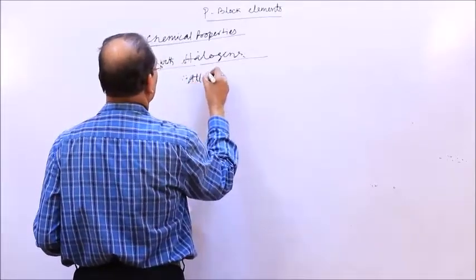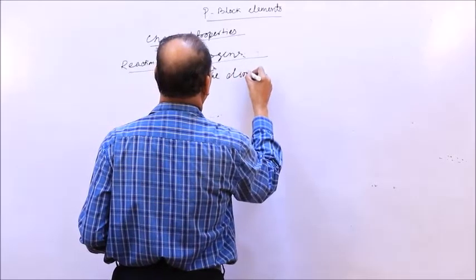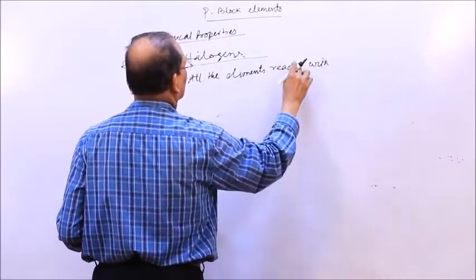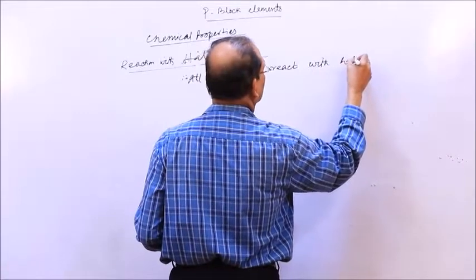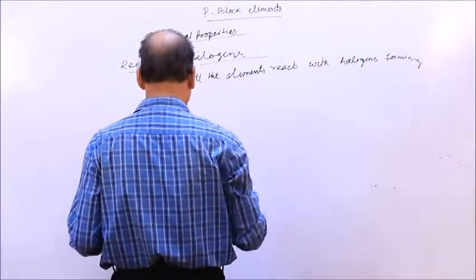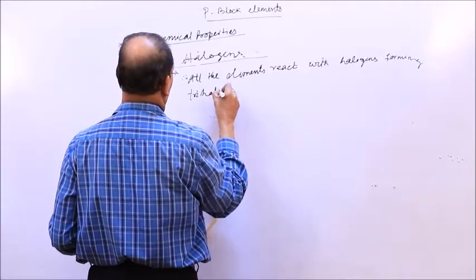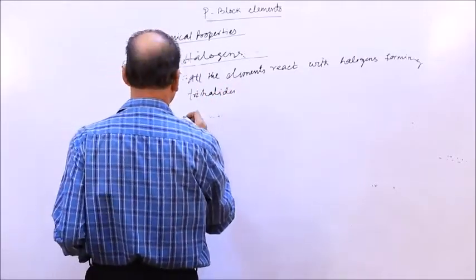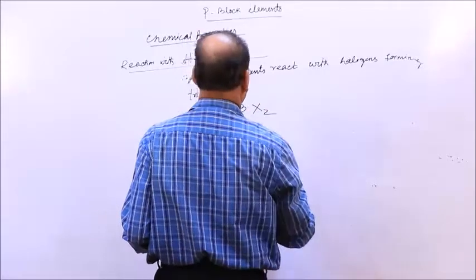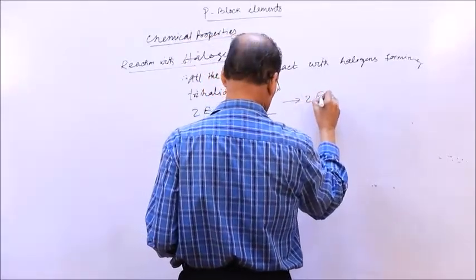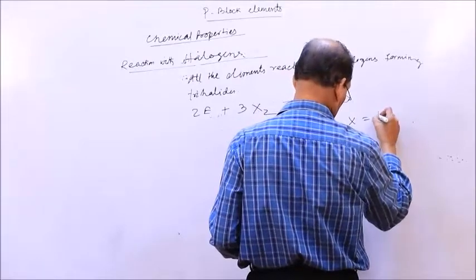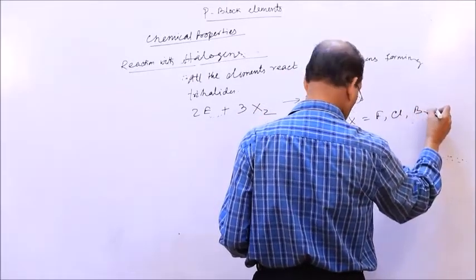All the elements react with halogens forming trihalides, that is, the element plus the halogen X, where X is fluorine, chlorine, bromine, iodine.